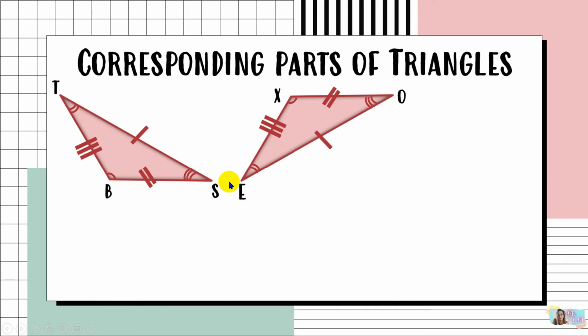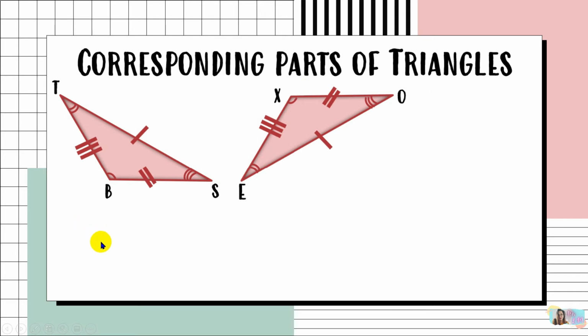Kasi, sila yung magkakaparehong markings. Same as dun sa angles. So, kung may makikita kayong magkapareho yung markings, sila yung congruent. And again, from the theorem itself, CPCTC, corresponding parts of congruent triangles are congruent. Ibig sabihin, kung meron tayong congruent parts, meron din tayong congruent triangles. At kung meron tayong congruent parts, meron tayong corresponding parts din.